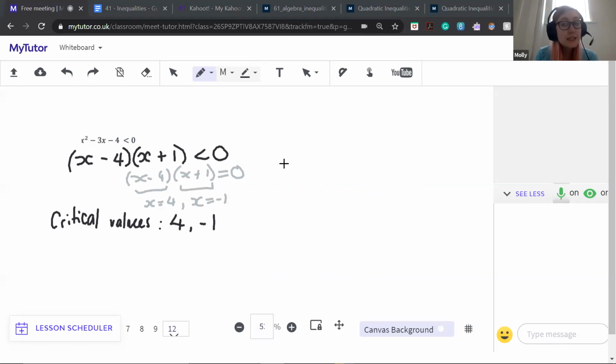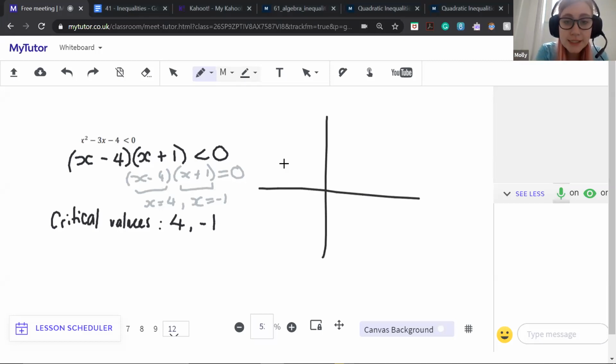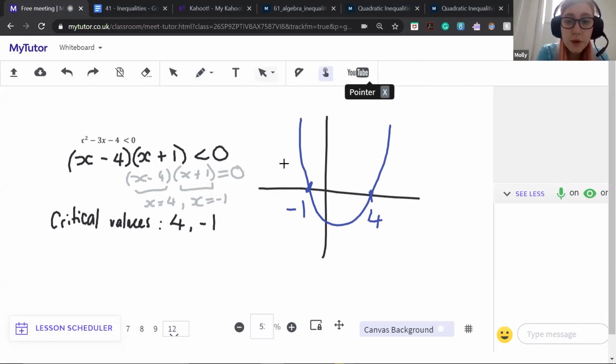The reason is because where something equals 0 is where y is equal to 0, and y is equal to 0 on that x-axis. So this graph is going to look like this, where this is minus 1 and this is 4. Because when you plug these values in as x, you get 0 for y, so you don't move up from the x-axis.